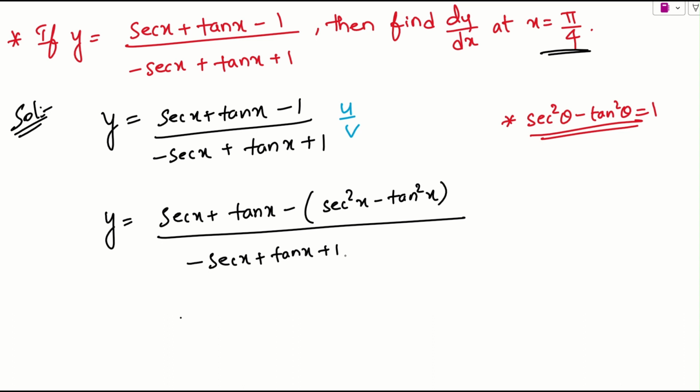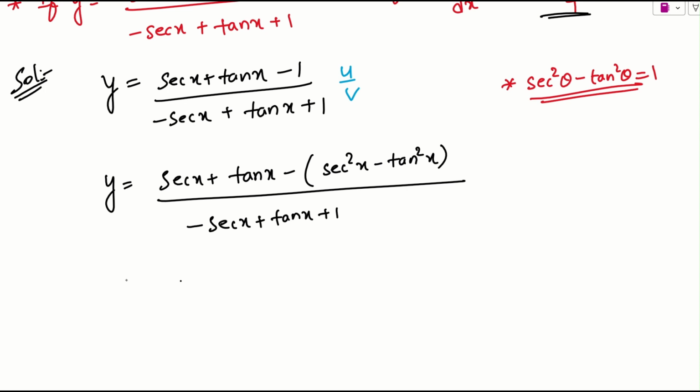So let us continue. We know one formula: a square minus b square is simply a plus b into a minus b.